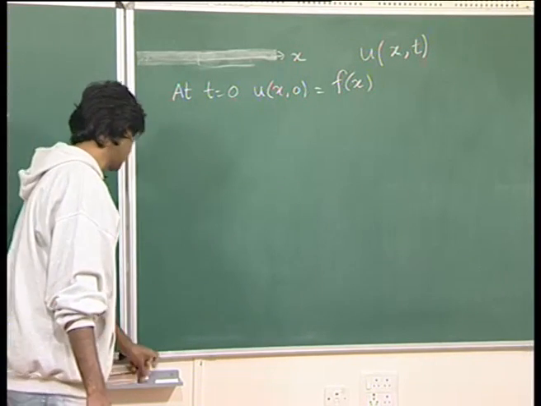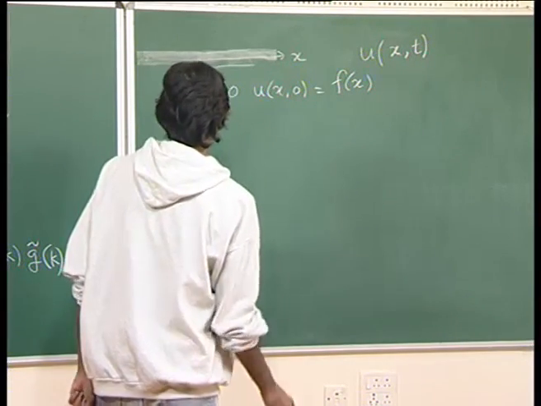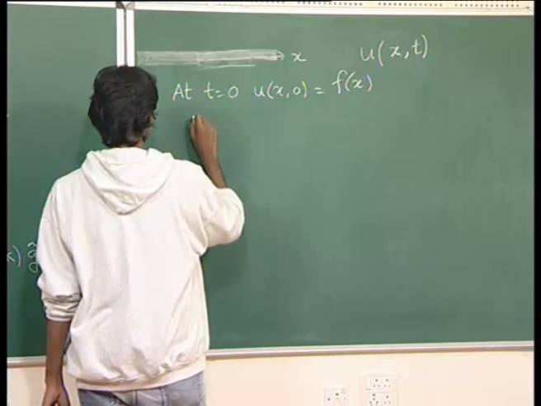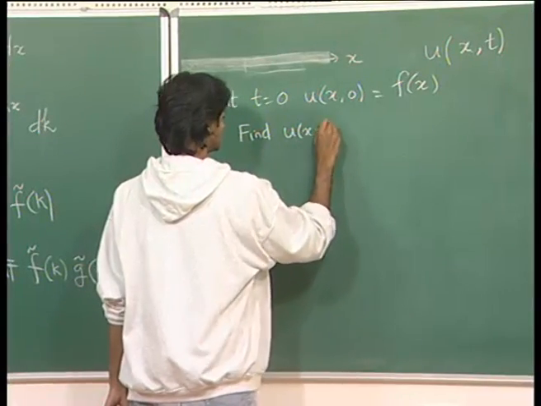Okay. So, this is at t equal to 0, and now you want to find u of x, t.